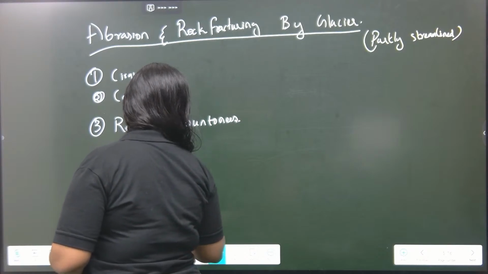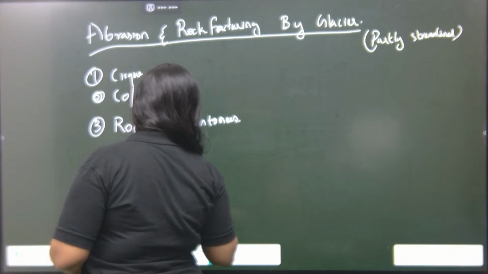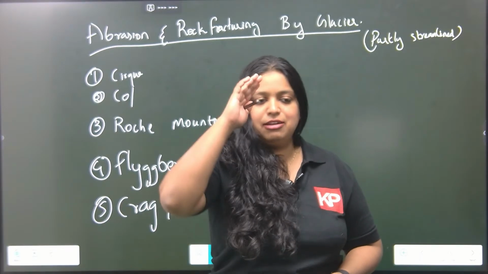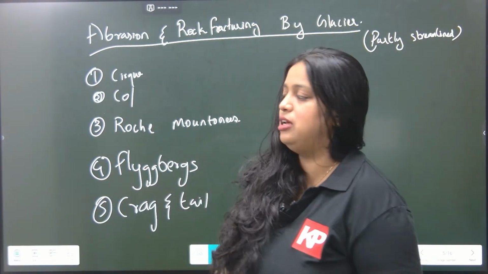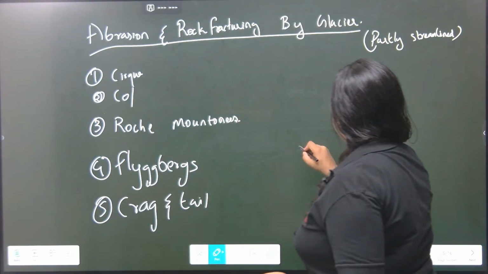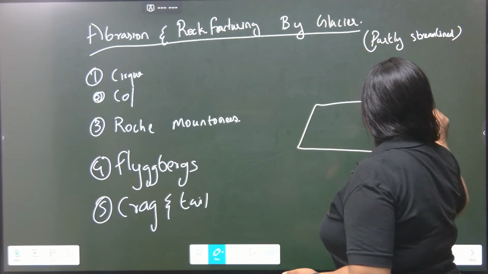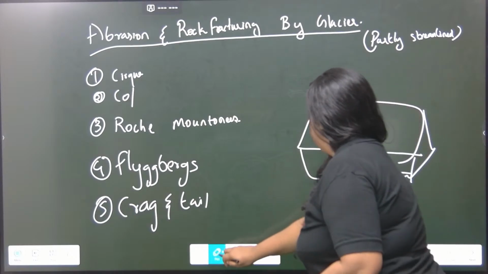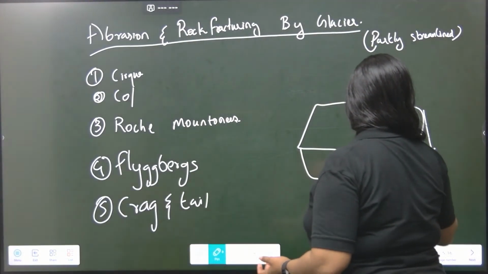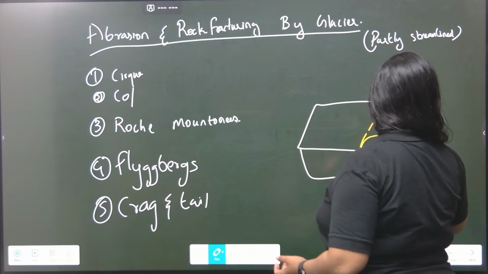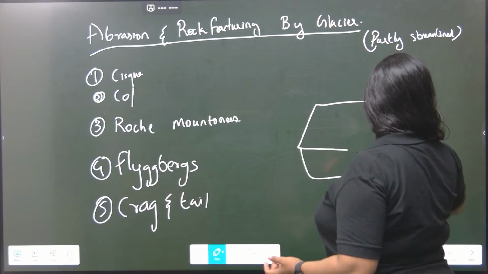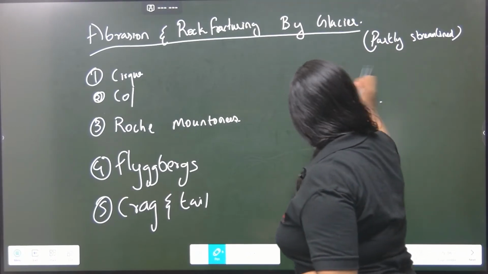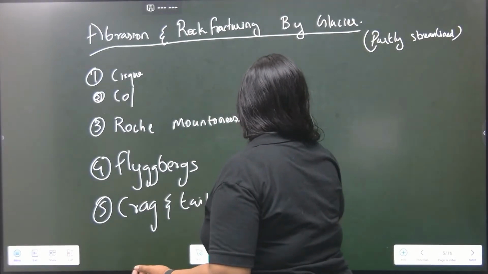So what are crag and tail landforms? Crag and tail landforms are found where a terrain has both a resistant rock and a weak rock.